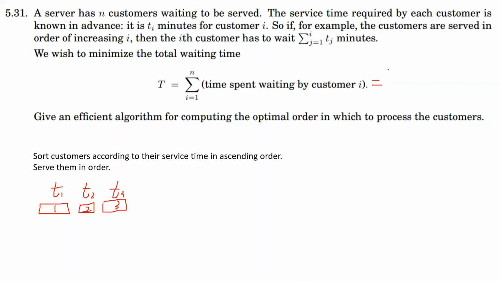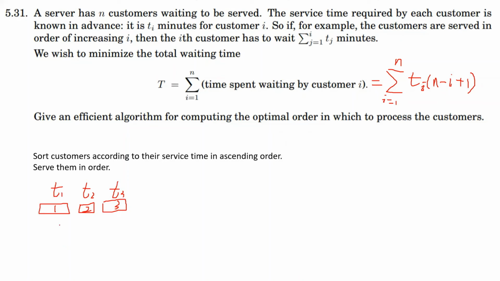So if you write it down as a formula, you will have this. For the i-th customer, there are a total of n minus i plus 1 customers. They have to wait for this amount of time.